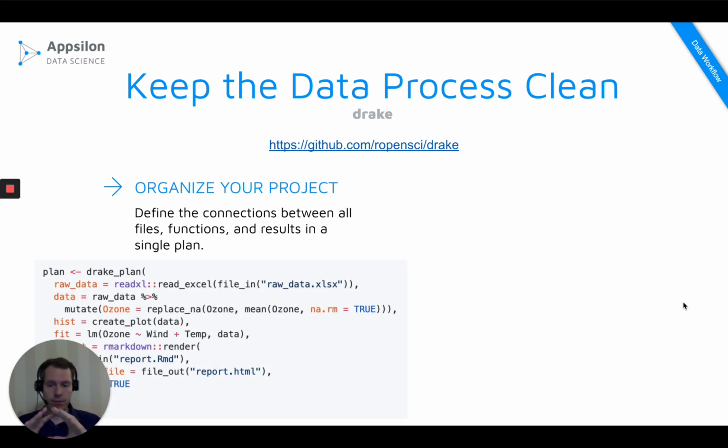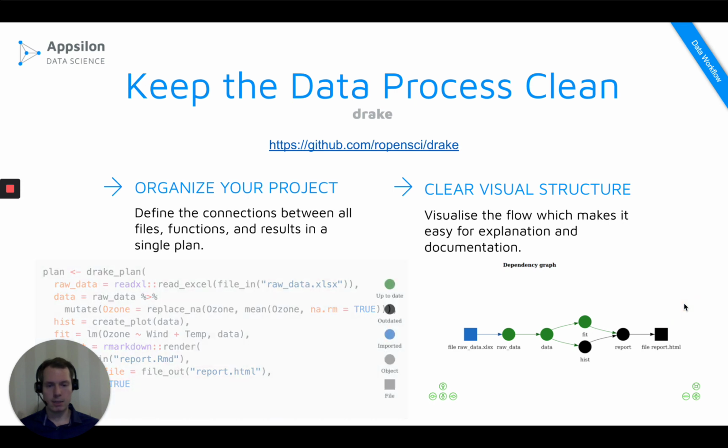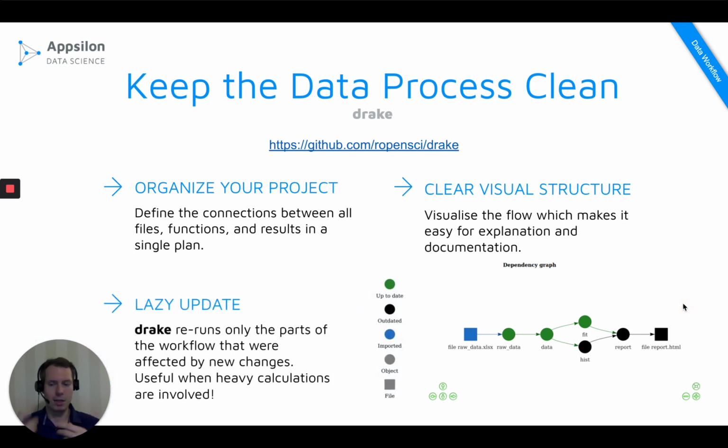So you can have a mess in your scripts, but you can always check in the plan what is actually happening in my data workflow step by step, and what the dependencies are. For this, Drake creates a really cool visual graph of all the dependencies, what is happening where.